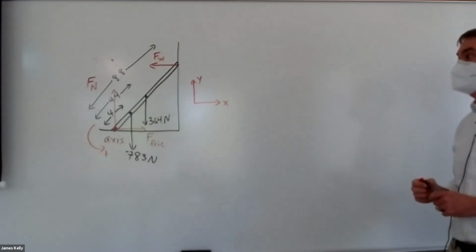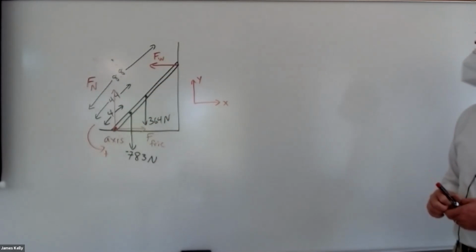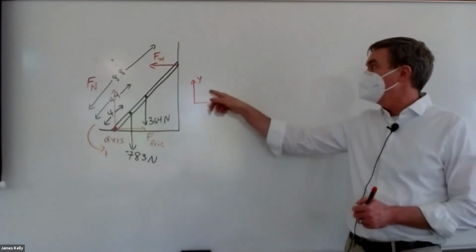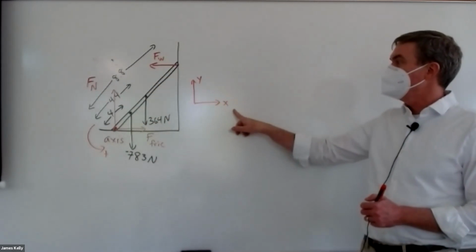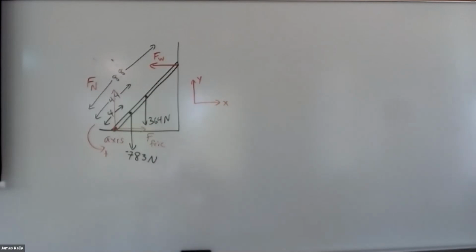And let's just dig in and see what we can get. We've got 3 things to go with. The sum of the force Y components equals 0, the sum of the force X components equals 0, and the sum of the torques equals 0. Does anybody have an inclination as to which one of those might get us most quickly to solve for that wall force? Would it be F friction?